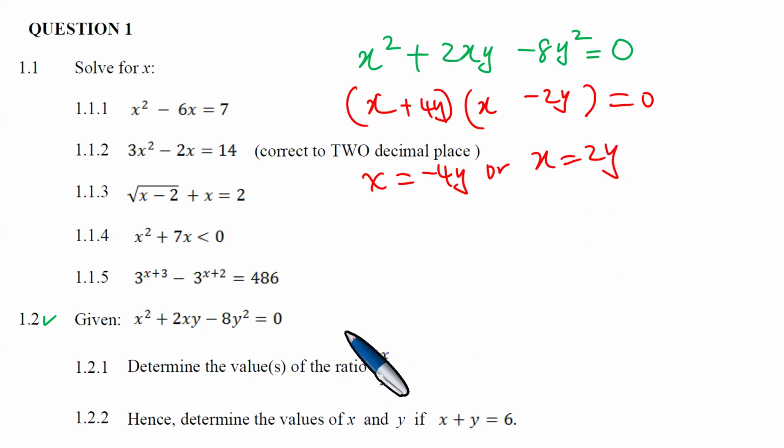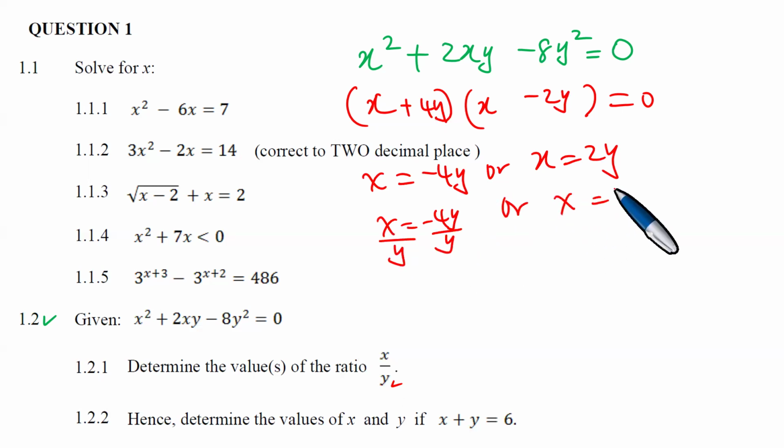Next, what do we do? Remember that we must divide both sides by y, because you must have x over y. This is only x, so you divide the right by y and this one by y.